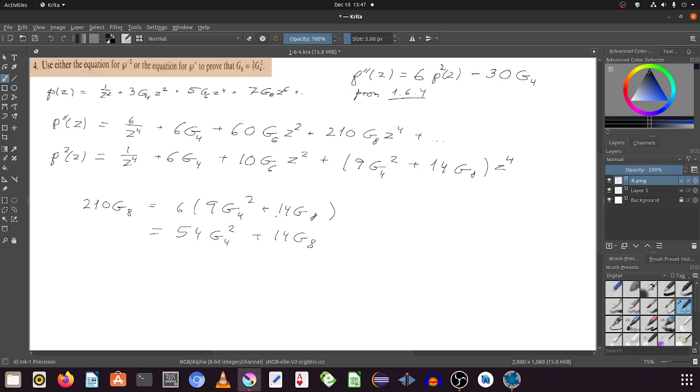That gives 84. So subtracting 90 here gives 220. So we can divide by 9. That gives 13.